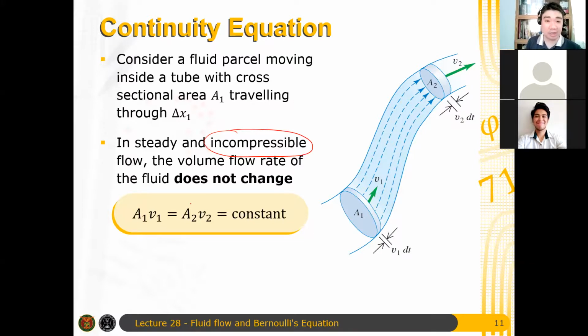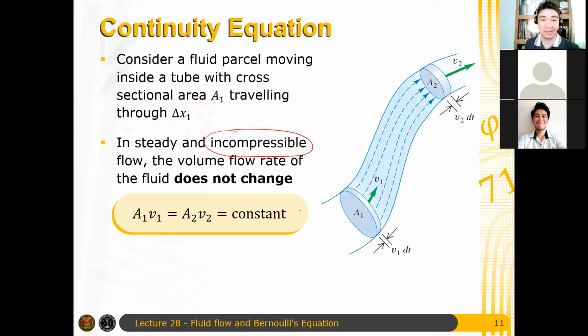This equation in particular, the continuity equation, is true for any fluid, but it is not as simple in form. The simplest form of the continuity equation assumes incompressible flow. Basically, the continuity equation is a restatement of conservation of mass.